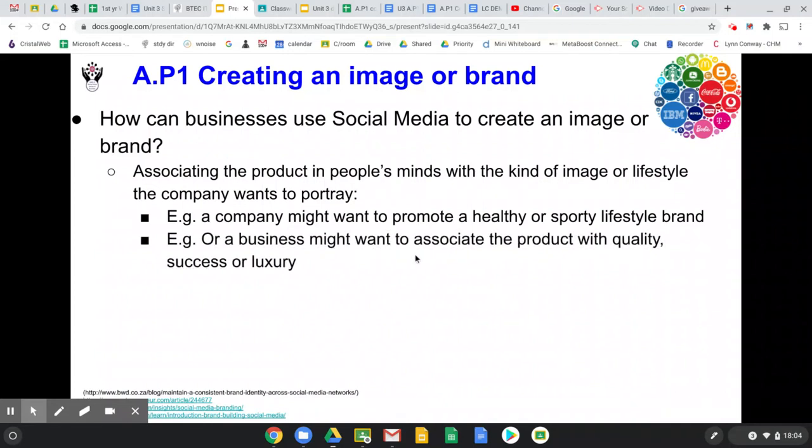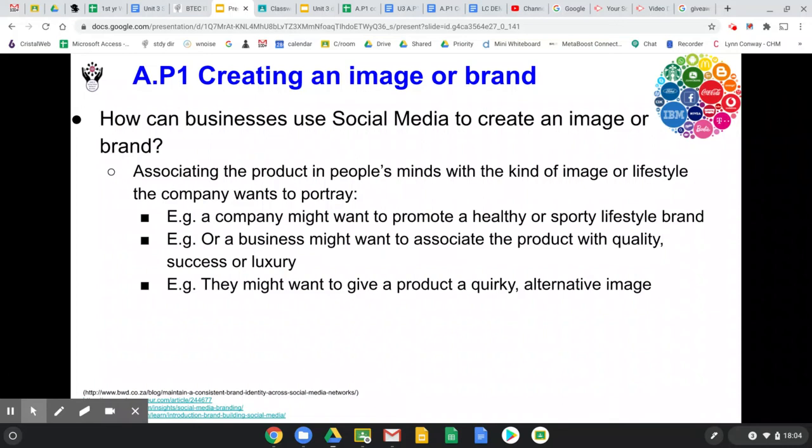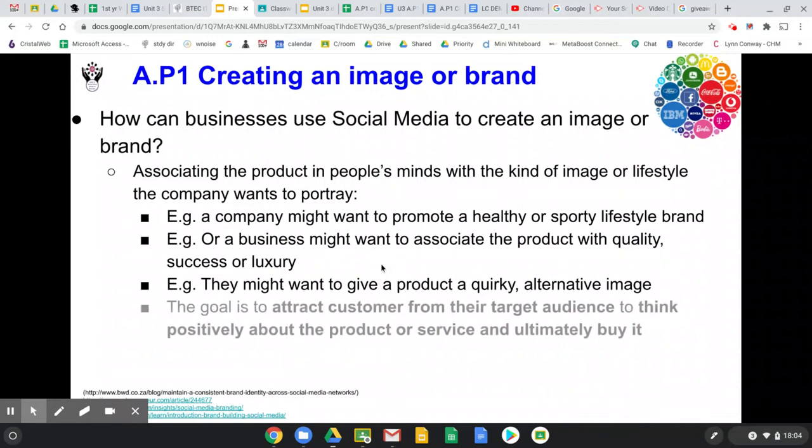Or you might find a luxury brand like a car manufacturer, Lamborghini, Ferrari, and again, finding a social media ad that really portrays that luxury element. Or you might find a brand which you really like, which is a little bit quirky, which has some kind of funny memes that they use to advertise themselves. As long as you find an ad which really shows how that company is promoting their brand, that's what we're looking for.